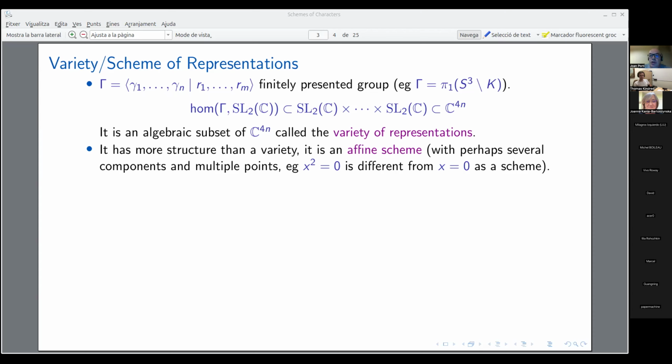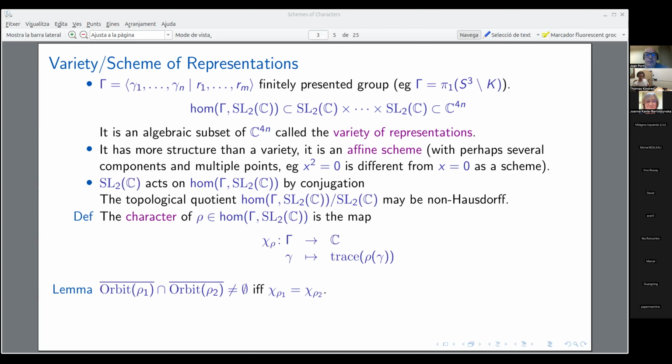So when I write a scheme, the word is a big word, but an affine scheme is just polynomial equations, and I may take multiple points. That's the idea.